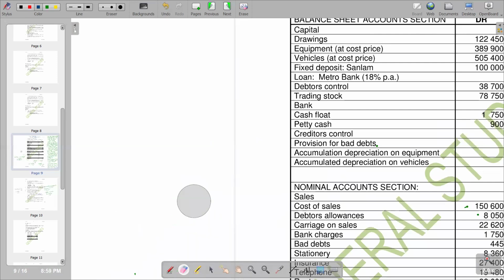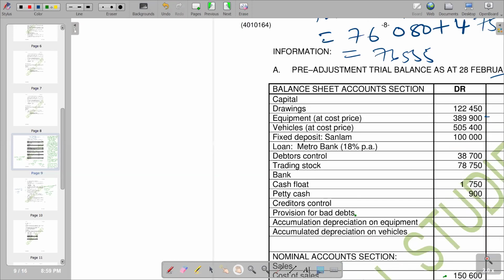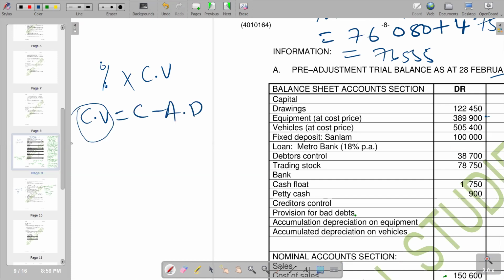The formula is going to be percentage times carrying value, whereby you have to first find carrying value by saying cost minus accumulated depreciation. So we have to find carrying value first.